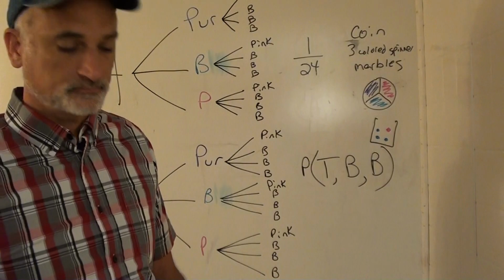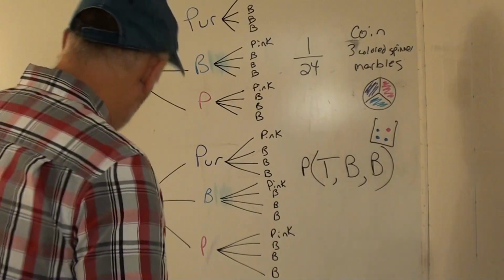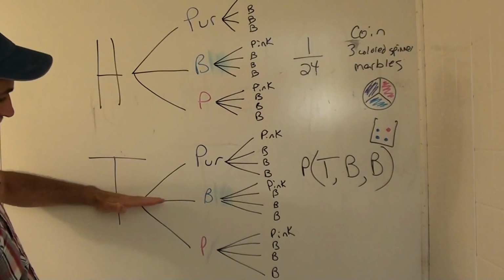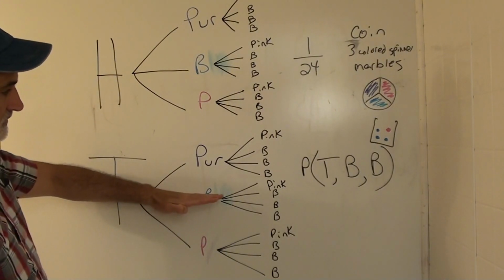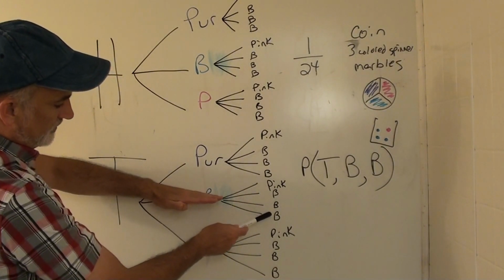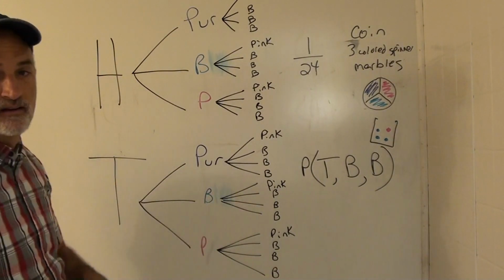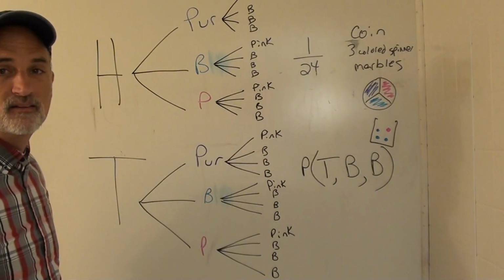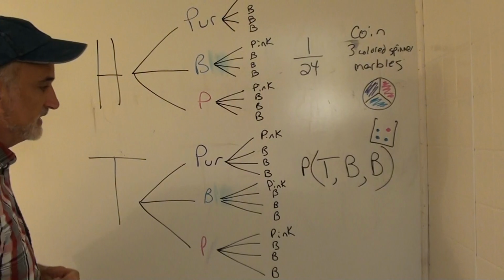Okay? So once again, I would come over here. We're looking for a tails. We're wanting to spin a blue. And then we're wanting to pick a blue marble out. There are 3 different scenarios I can do that.